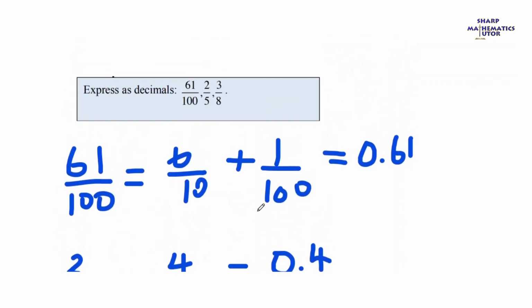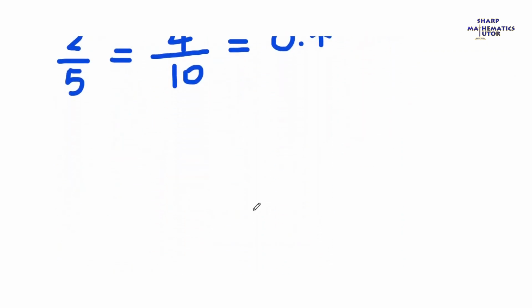Then we look at our next fraction, which is 3 over 8. So we have 3 over 8 right here. So what is the lowest power of 10 that can be divided by 8? 10 cannot be divided by 8 without leaving a remainder. 100 cannot be divided by 8 without leaving a remainder. So we go all the way to 1000.